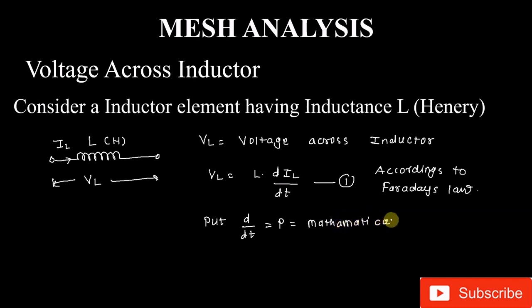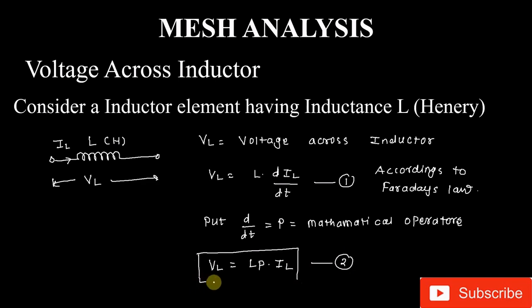Now if I replace this in equation 1, VL comes out to be L into p into IL, because d by dt is represented by p. So that will be the actual equation of the voltage across an inductor. You can write the voltage across the inductor by equation 1, VL is L di by dt, or you can write VL is Lp into IL.